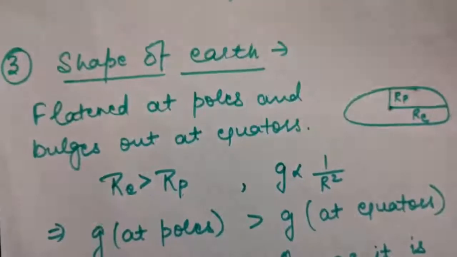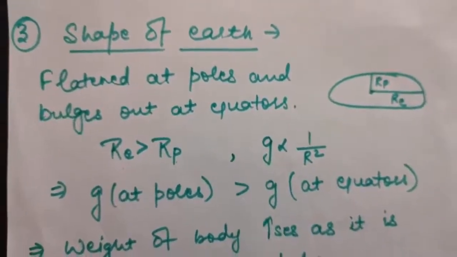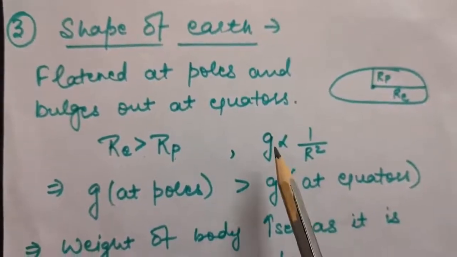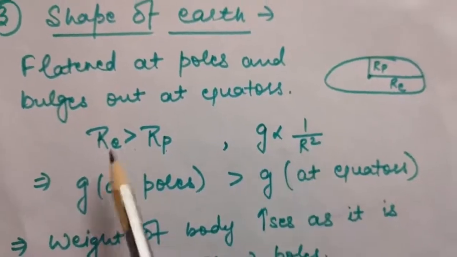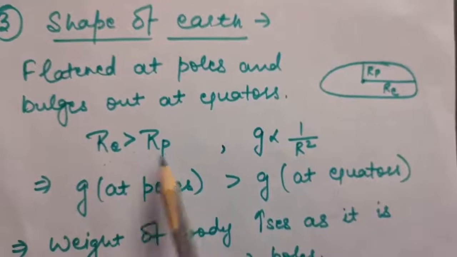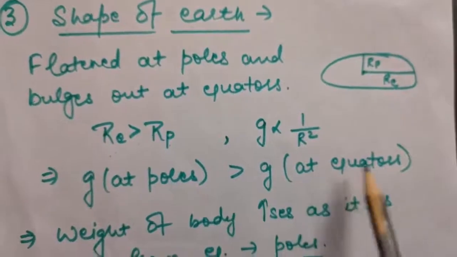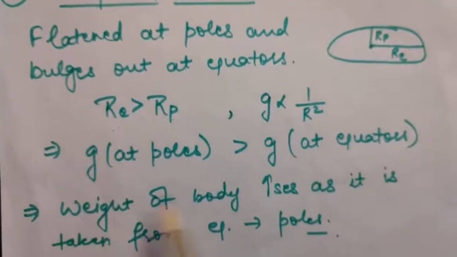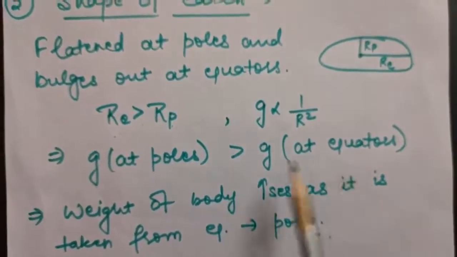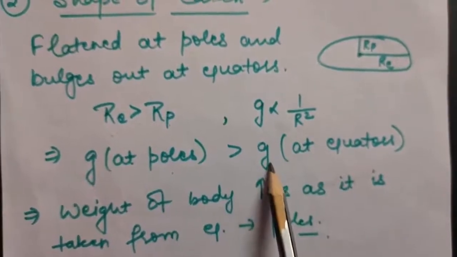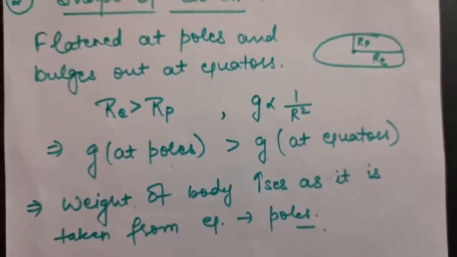And as we have calculated, g is equal to gravitational constant into M upon r square. That is, acceleration due to gravity is proportional to 1 by r square. So this means if the radius of the equator is greater than the radius of the pole, then acceleration due to gravity at the poles will be greater than acceleration due to gravity at the equator. And this is the reason why the weight of a body increases as it is taken from the equator to the poles, because as we go from the equator to the poles, the value of g is increasing, and as you know, weight is mg, so weight will also increase when you go from the equator to the pole.